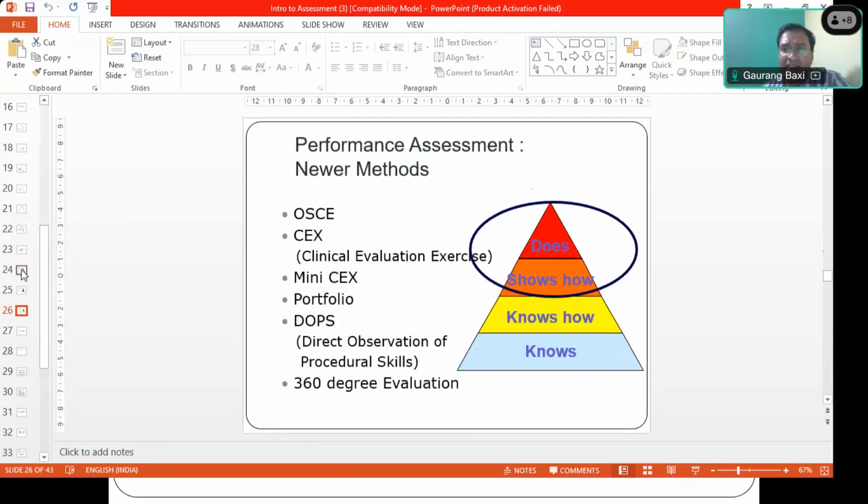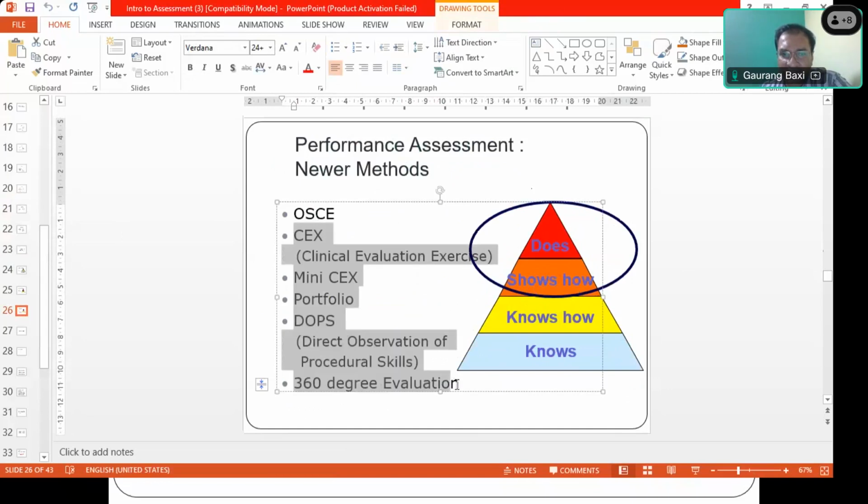Those are clinical evaluation exercise, mini clinical evaluation exercise, portfolios, DOPS, which is direct observation of procedural skills, 360-degree evaluation methods. All of these are called workplace-based evaluation methods, which are at the does level. Other than OSCE, which would be assessment at the shows how level in a simulated environment, all of the other methods, right from CEX to 360-degree evaluation, are at the does level.